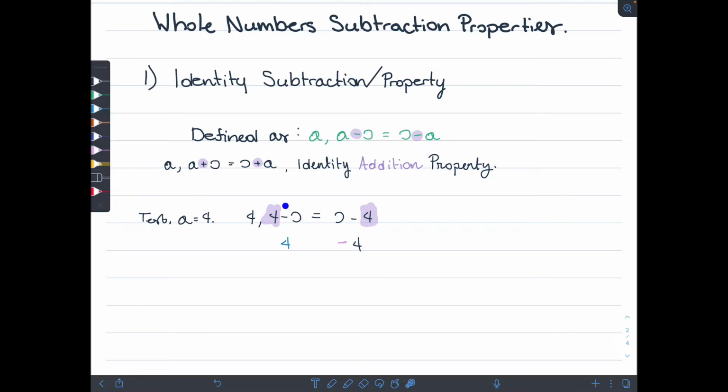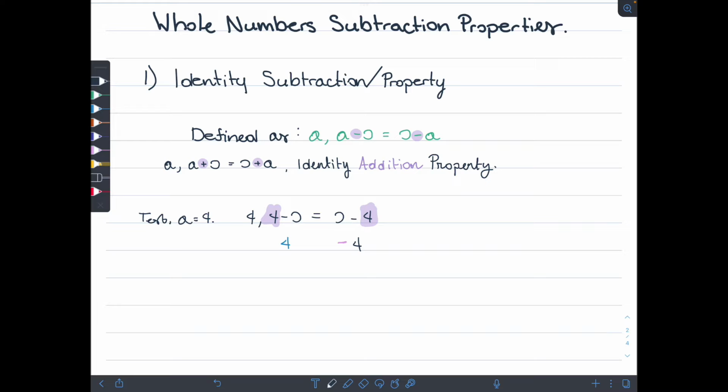We know that. We can't take away 0 from 4. Whereas 0 minus 4, we're trying to take away 4 from 0, and 0 is nothing, so really it's just negative 4. That wasn't a very good explanation, now was it?